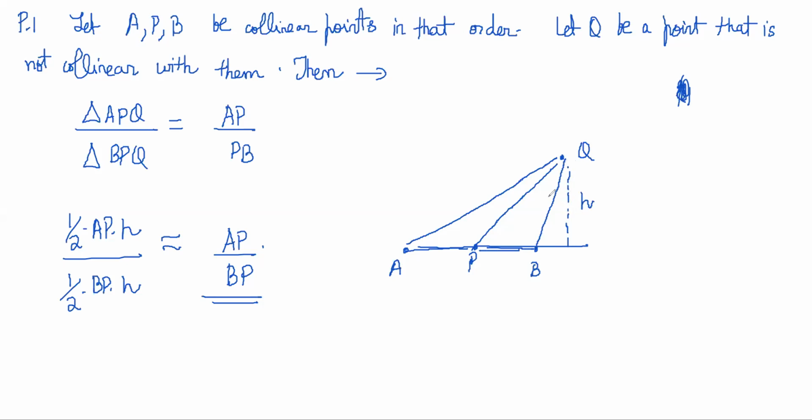So can you also now prove Thales theorem? Have you heard of Thales basic proportionality theorem? It's derived from similarity, but you can also do it using areas now, right?